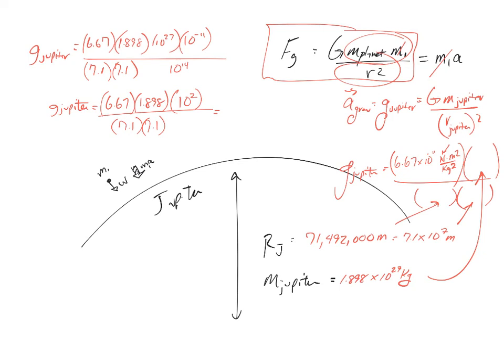You can look up the acceleration due to gravity on Jupiter. I thought it was much larger than that. Something might be wrong. Yeah, Alexa, what'd you get? I got like 0.25? Okay, so something's clearly wrong here. Maybe I didn't manage my exponents well. Can you please check, and check your own work.